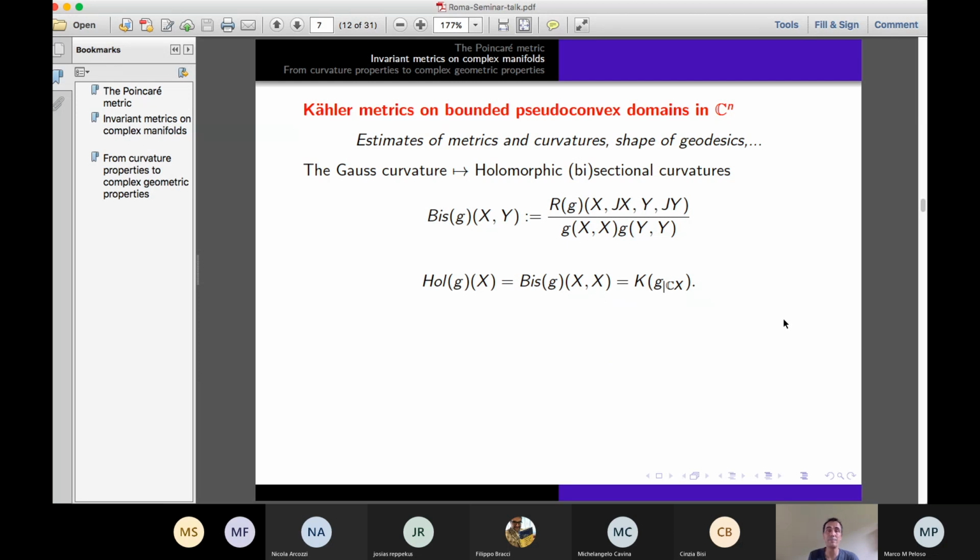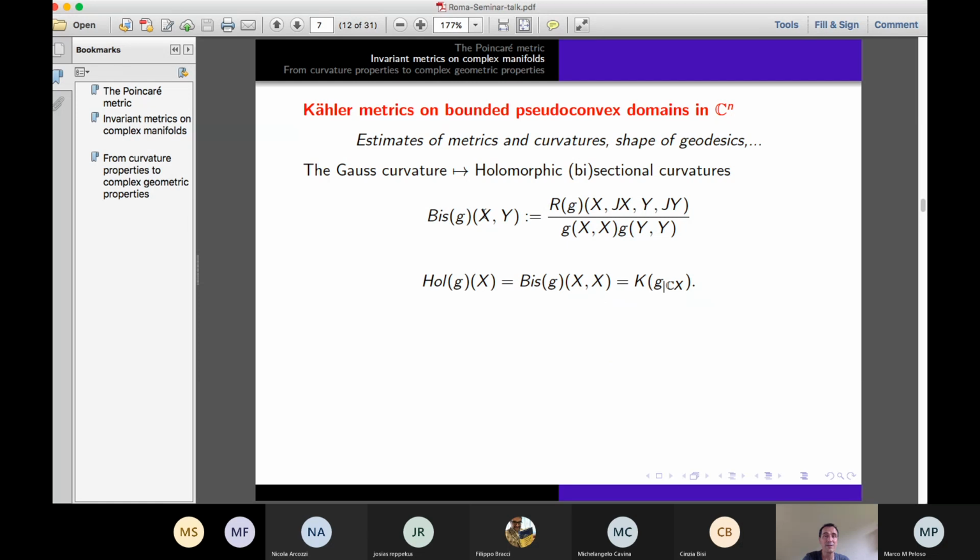What do we mean by estimates of curvatures here? We deal with complex manifolds, so for the curvatures, we will consider holomorphic curvatures. There are essentially one type, but let's say two. The first one is the bisectional curvature, where here is the Riemann tensor.